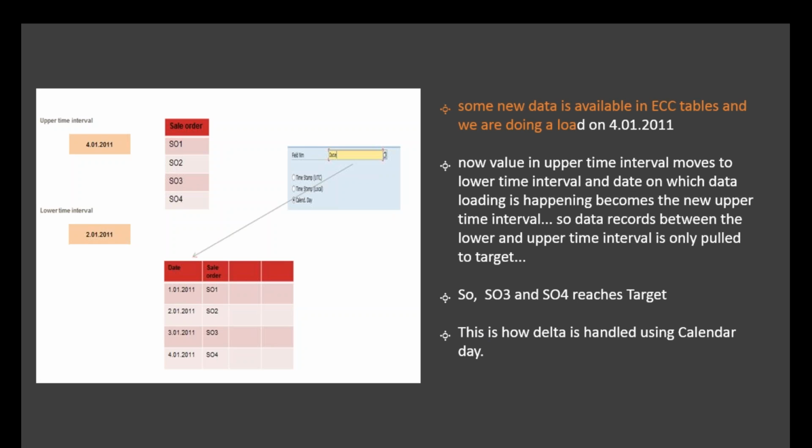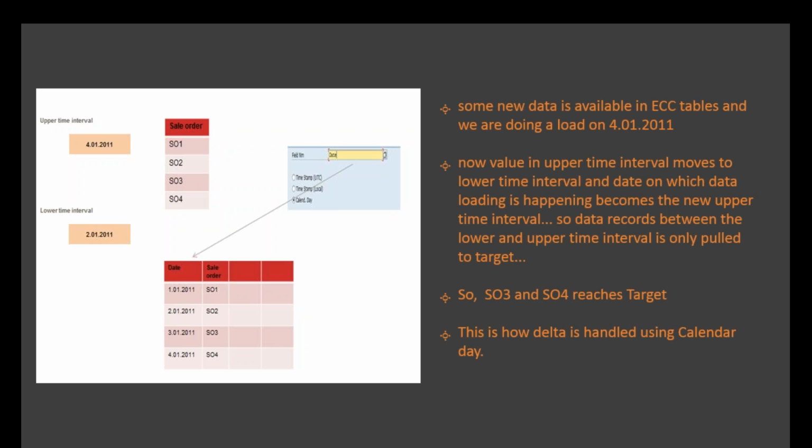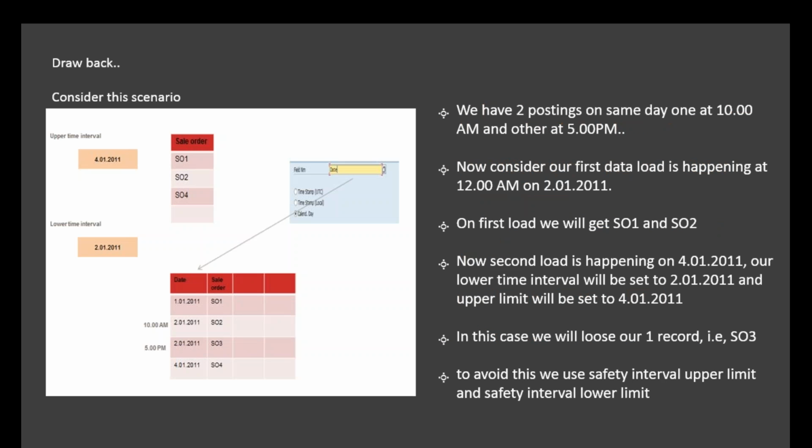Think of a scenario. Say we triggered the load at 10 a.m. We have one record S02 at 10 a.m. and on the same day S03 at 5 a.m. In between these two timings, we trigger the data load. At that time only these two records will be sent.